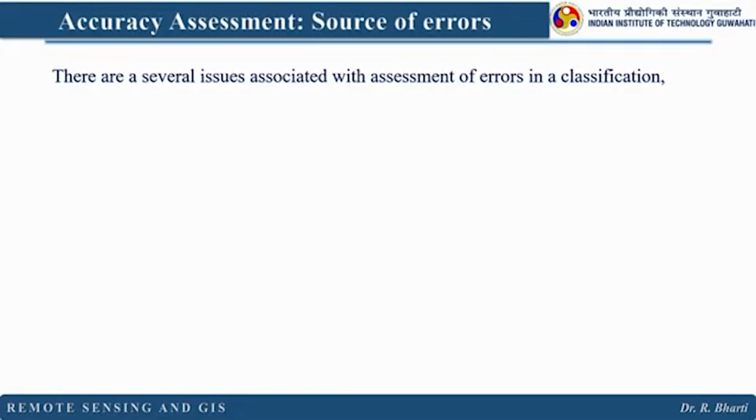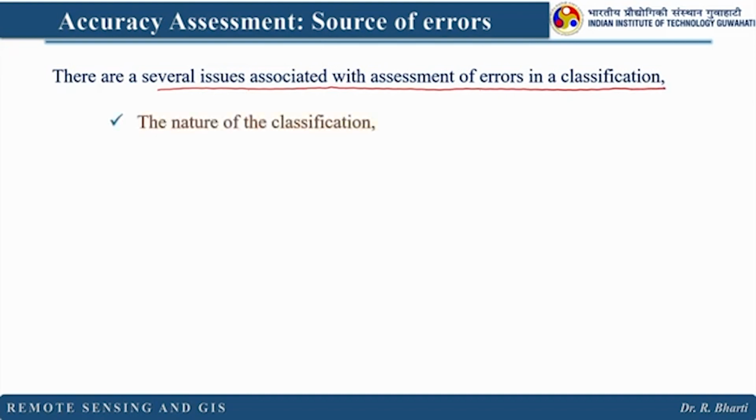Now, what are the different types of error which can be introduced in classification and in error estimation? In accuracy assessment, there are several issues associated with the assessment of errors in classification.